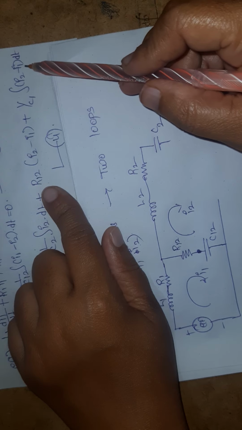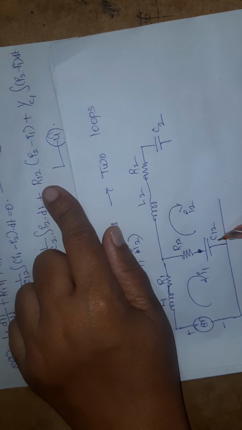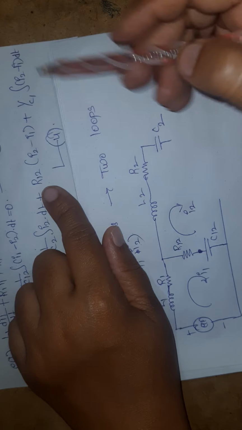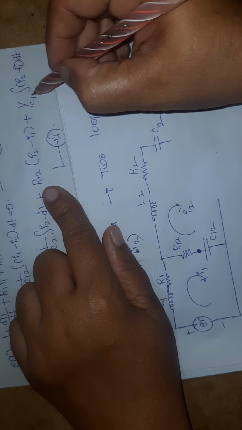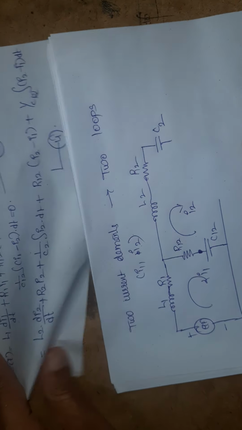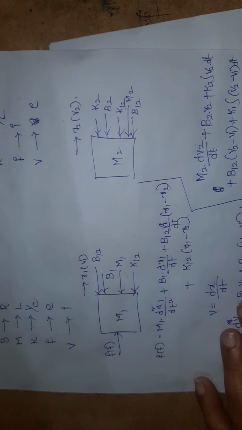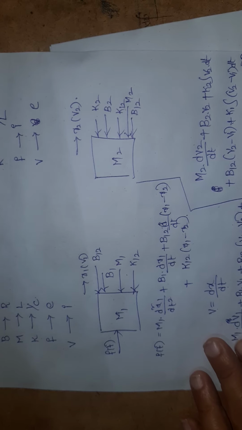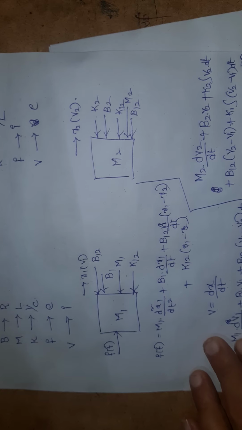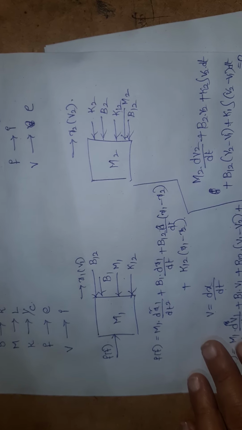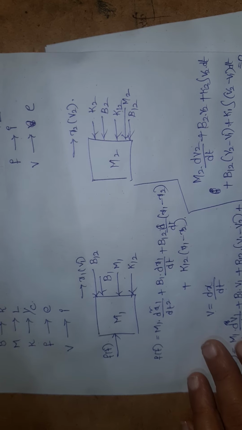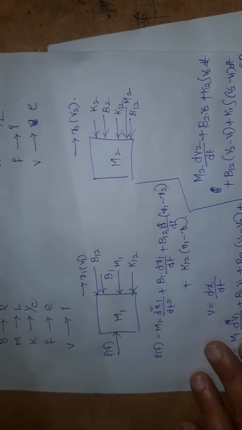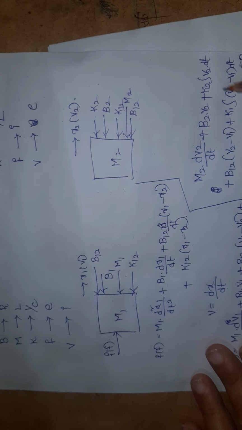It is in between two loops. So this is C12. It is in between two loops. So actually here we have to take C12. To get C12 here, C is nothing but K. So wherever we have considered C12, right?